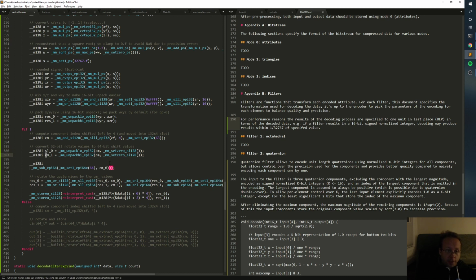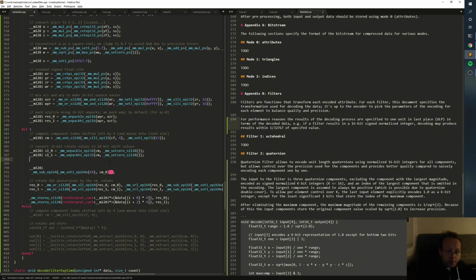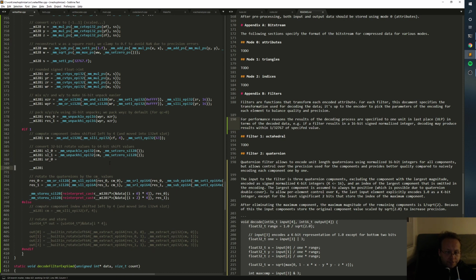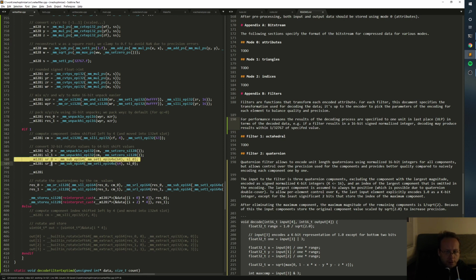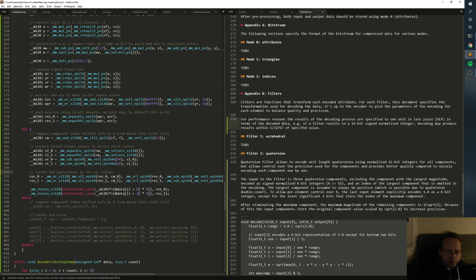Shift left, shift right, and then shift right. And these are gonna be rotated results.